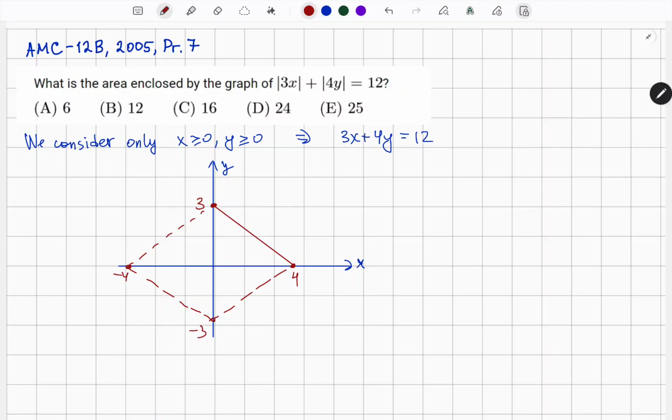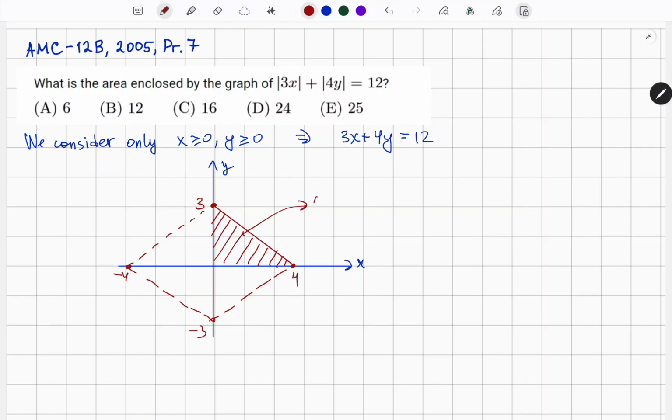So how do we usually find the area of the rhombus? We find the area of this one triangle, and then we multiply it by 4 because the diamond consists of 4 identical copies.